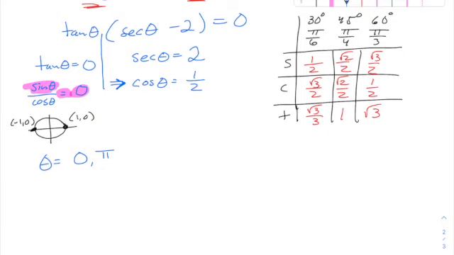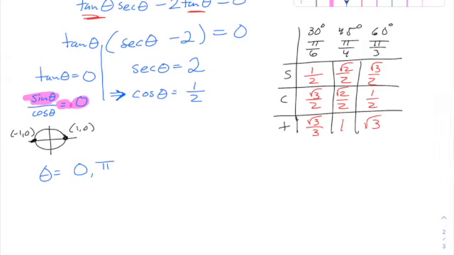And now for cosine being positive 1/2, that's again a reference angle of pi over 3 or 60 degrees. Where is cosine positive? That would be in quadrant 1 where everything's positive, and in quadrant 4. So quadrant 1, quadrant 4.